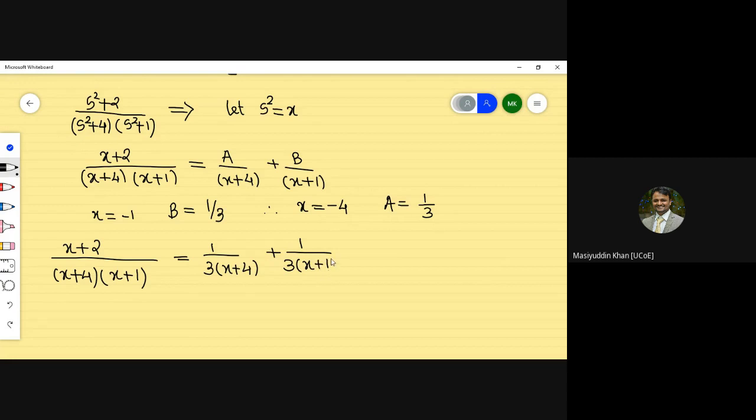x plus 1. But this is not what we are going to ask, we need to take the inverse of Laplace. We substituted s square is equal to x, so we have to resubstitute the value.